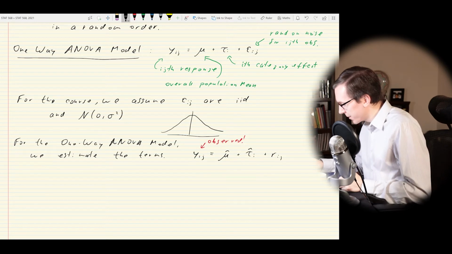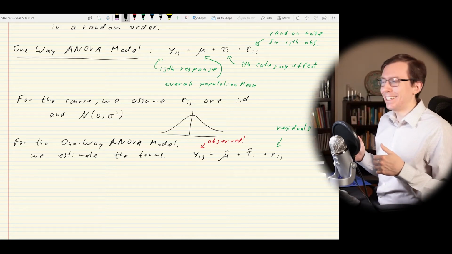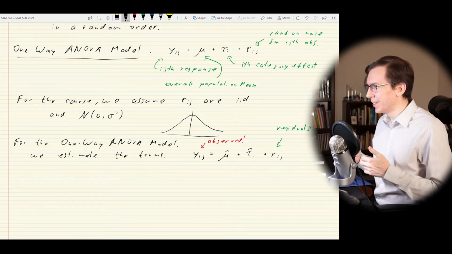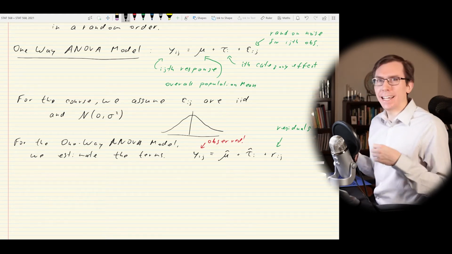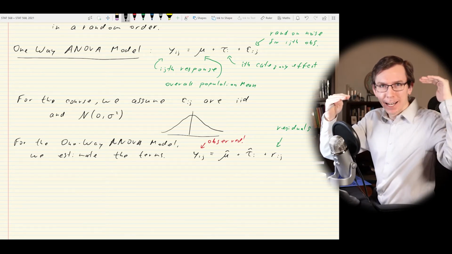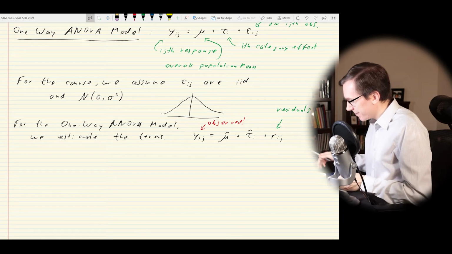And what's left over is going to be denoted Rij, and this is the residuals. So if you've taken any course in linear regression, then you should be familiar with the term residual. The residual is really just looking at the difference between what the model says I should see and what my observation is. So I'll write this all down.